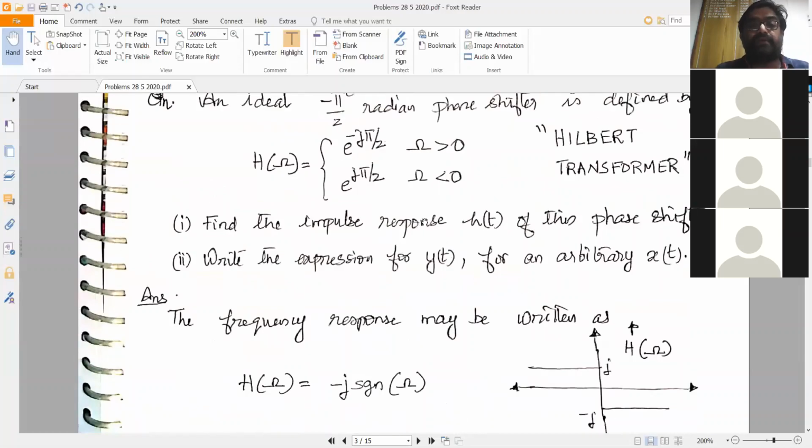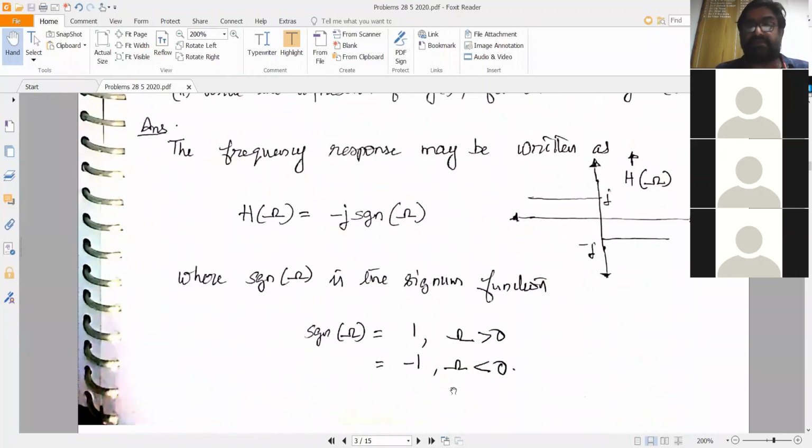Because e raised to plus j pi by 2 is just cos pi by 2 plus j sin pi by 2, which is equal to j. So for negative frequencies it is equal to j, and for positive frequencies it is equal to minus j. So H of omega is equal to minus j signum of omega.